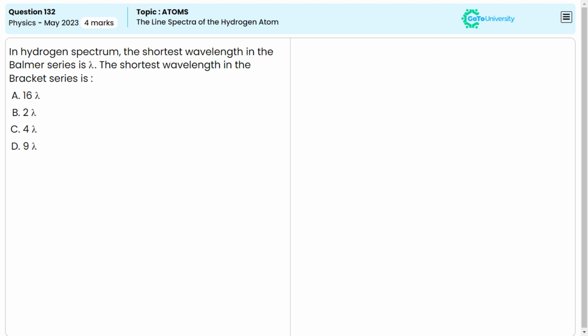So we have, for hydrogen spectrum, the equation for wavelength as 1 upon lambda equals RH times (1 upon n square minus 1 upon m square), where lambda is wavelength, RH is Rydberg's constant, n is lower orbit, m is higher orbit.